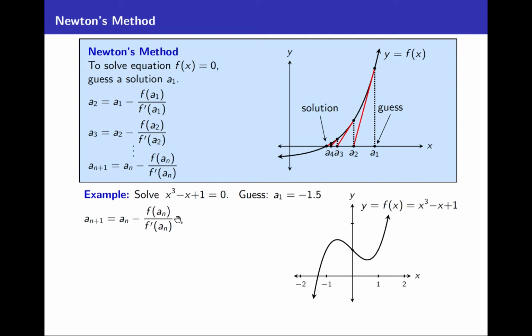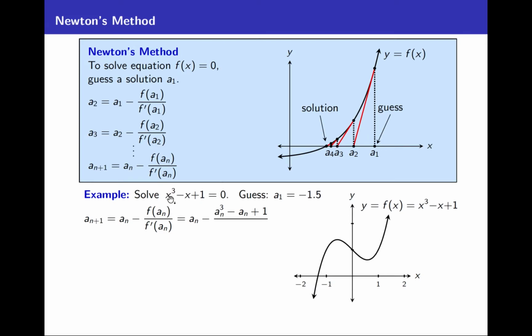So in Newton's method, the first thing that you need to do is work out this expression that gives you a sub n plus 1 from the previous term a sub n. A sub n plus 1 equals an minus f of an over f prime of an. And let's work that out for this particular f of x, the x cubed minus x plus 1. We get an minus, then on the top of the fraction, f of a sub n.